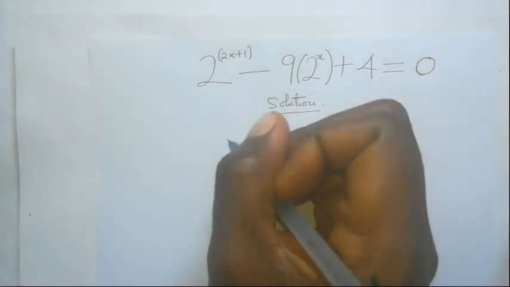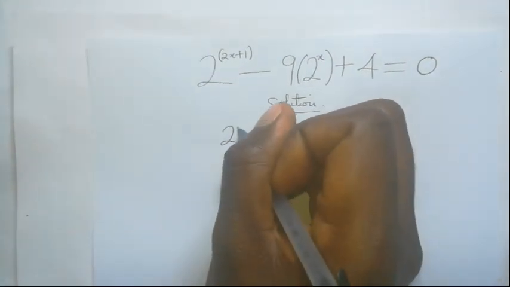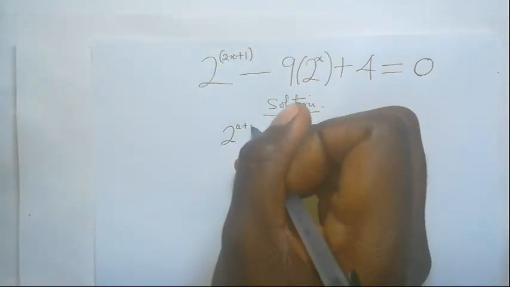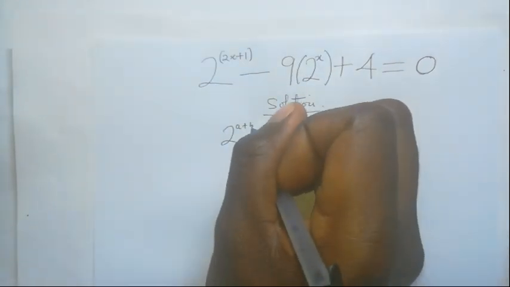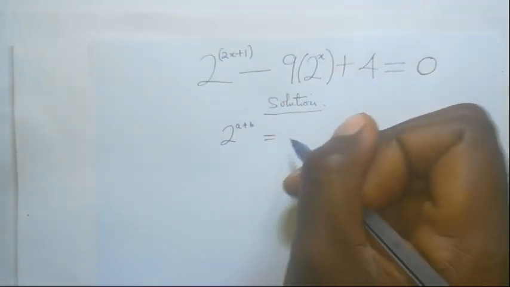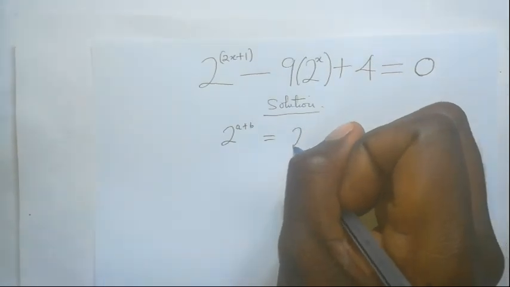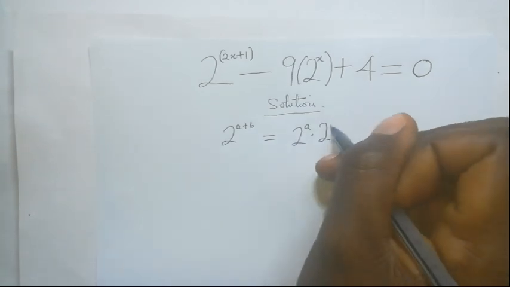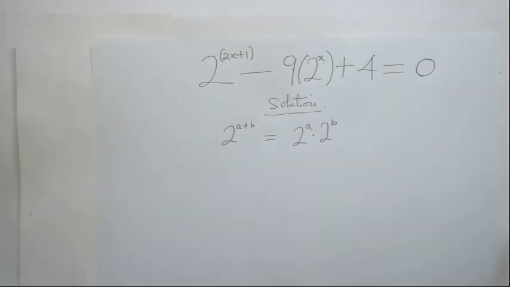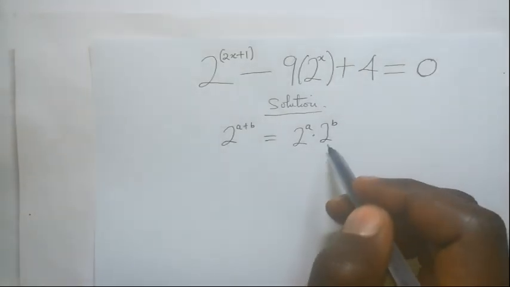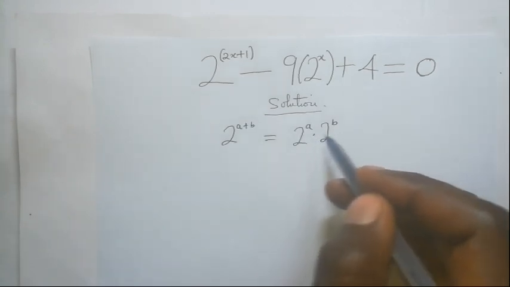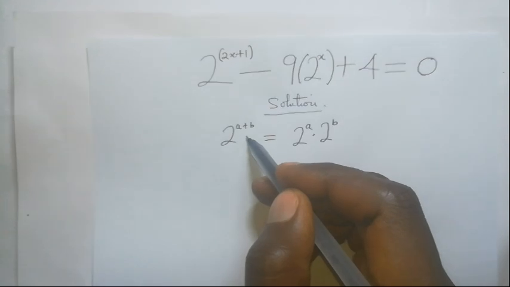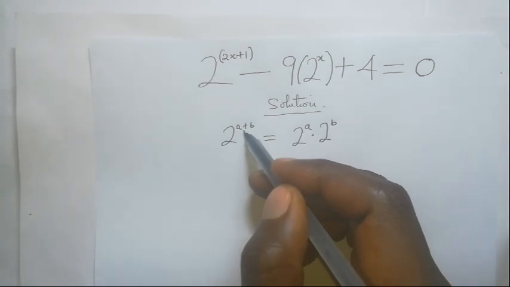Let's say for instance, if I have 2 to the power of a plus b. According to indices, it can be 2 to the power of a dot 2 to the power of b. So from the law of indices, if you use the product law, it will transfer and become 2 to the power of a plus b.